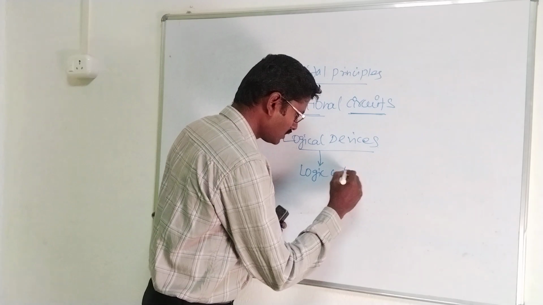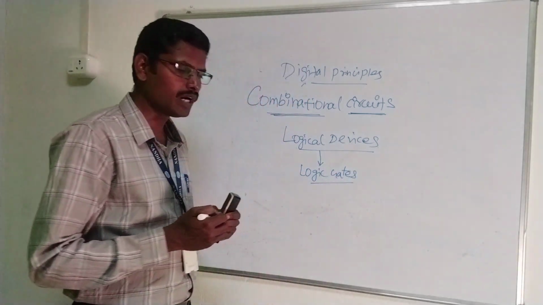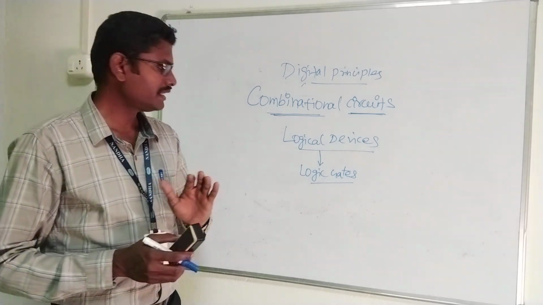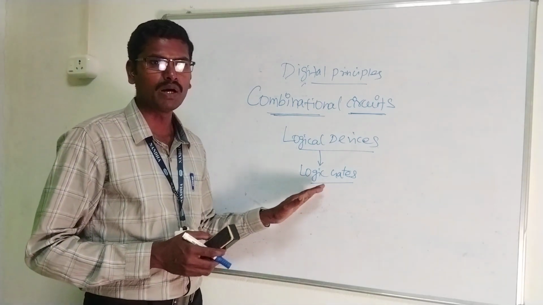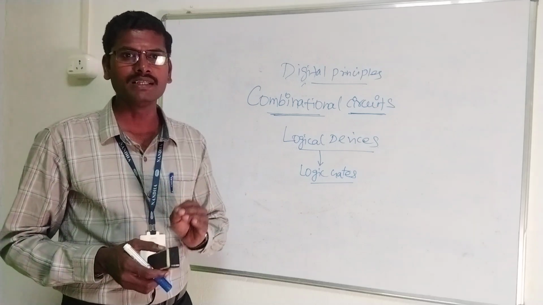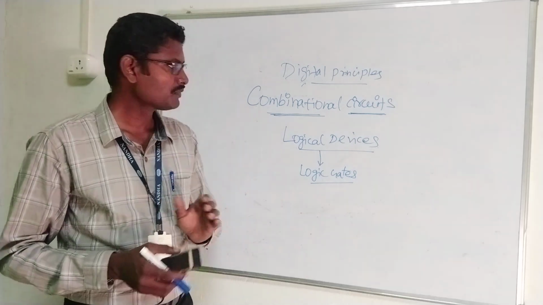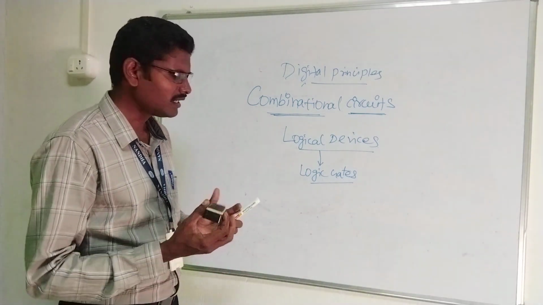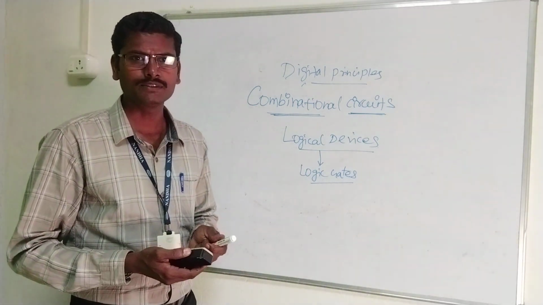So if an electronic circuit has only logic gates to perform some arithmetic and logical operation, then the circuit is named a combinational circuit. There are different kinds of logic gates.